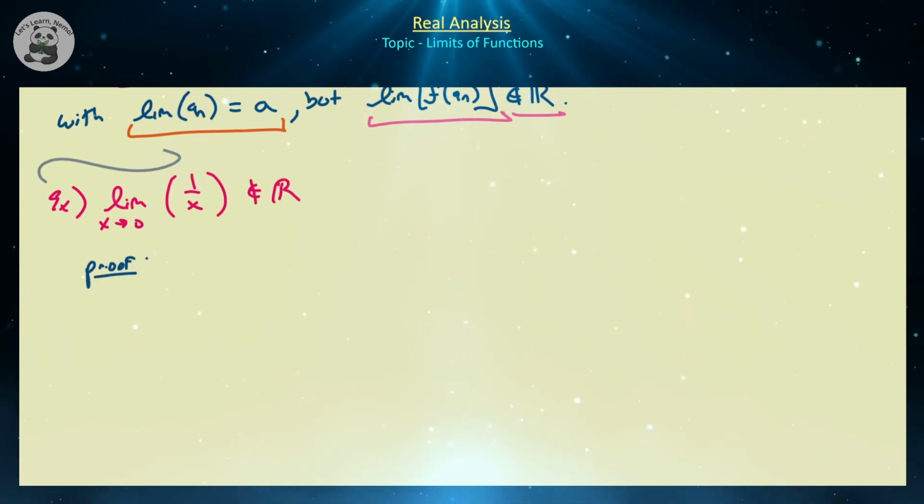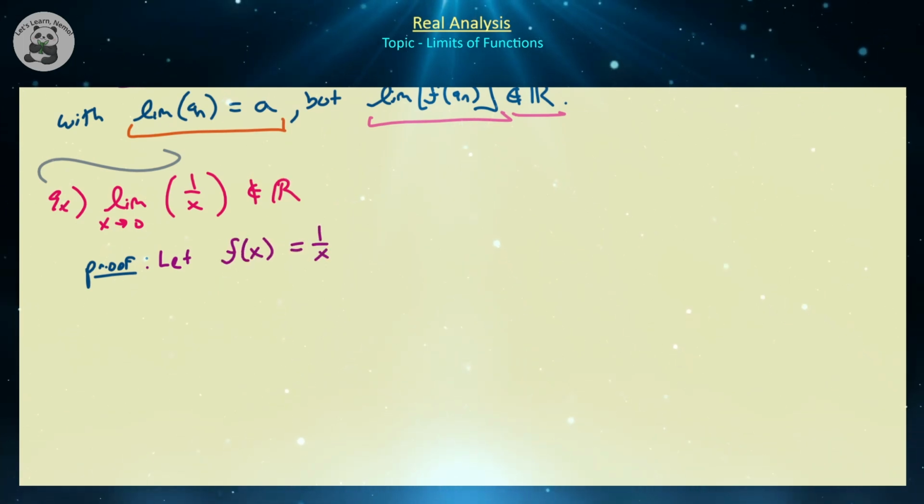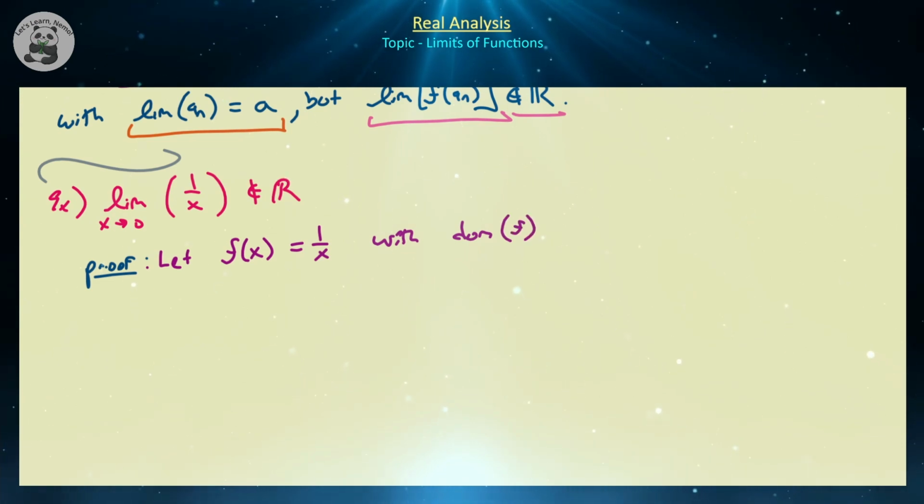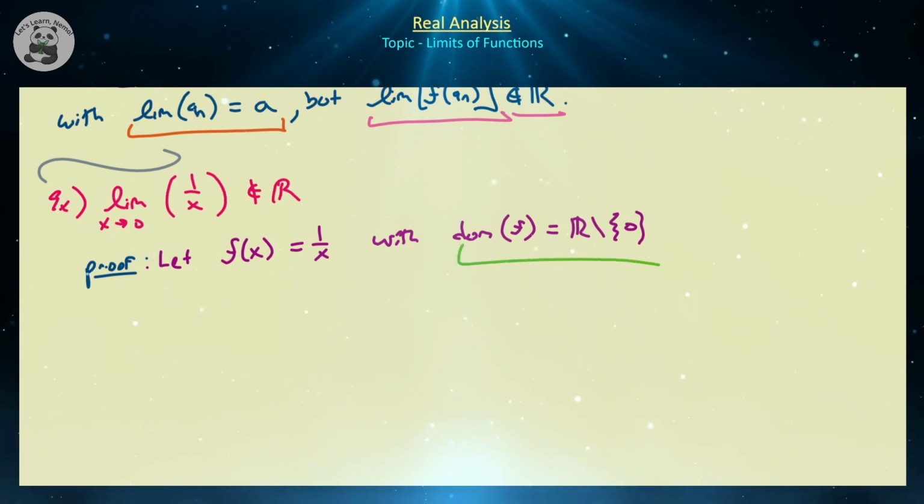So we're going to need to choose a sequence in the domain of this function, but notice I haven't chosen our function, right? So obviously we're going to be letting f of x be equal to 1 over x, with the domain of this relation being the set of real numbers except for 0. Okay, so we need to be choosing a sequence in this set, right?